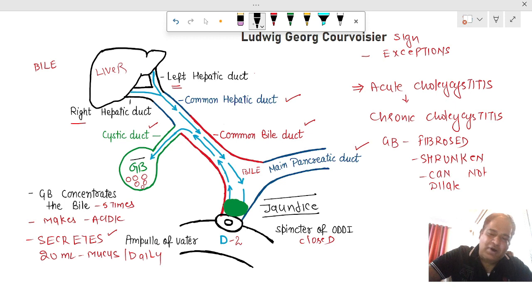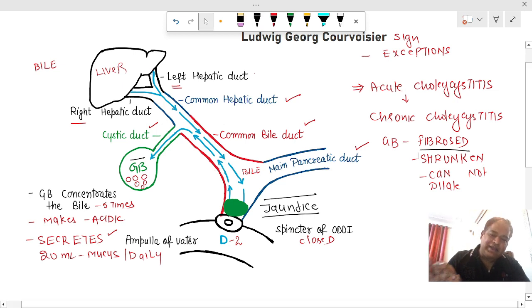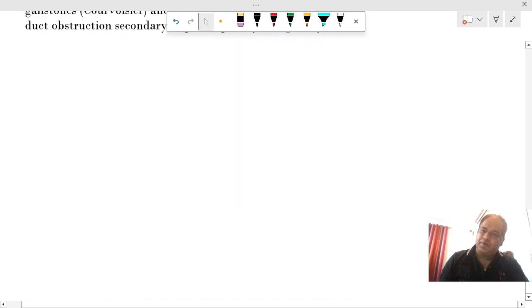Unfortunately, this gallbladder cannot expand, right? Because it is fibrosed, it is shrunken. Let us consider another scenario. Then we'll read the Courvoisier law. Something is already written here for your convenience.